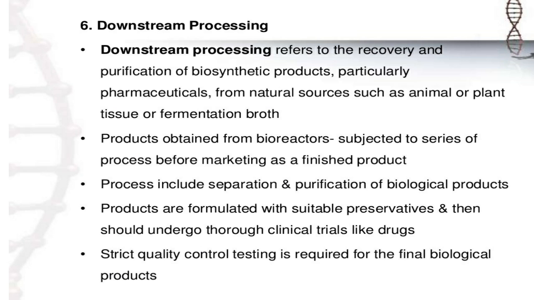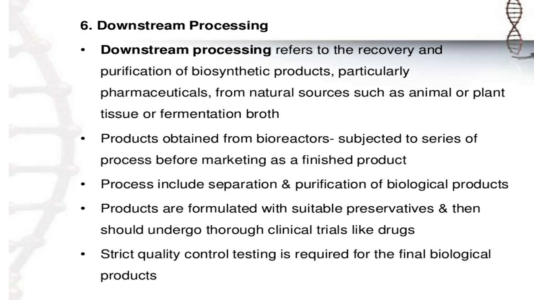Downstream processing. Downstream processing refers to the recovery and purification of biosynthetic products, particularly pharmaceuticals, from natural sources such as animal or plant tissue or fermentation broth. Products obtained from bioreactors are subjected to a series of processes before marketing as a finished product.